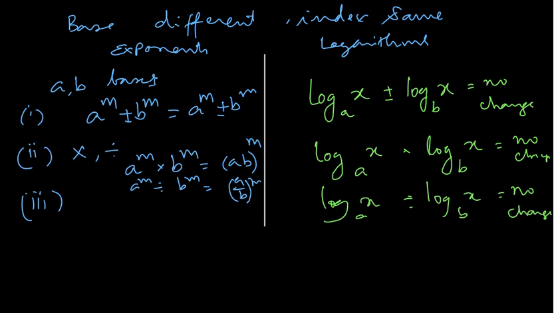So the last one is I have a to the power of, and is there an index, like you can raise it to the same power or whatever. Okay, so indices are to be same, and a to the power of m whole to the power of n multiplied by b to the power of m whole to the power of n.